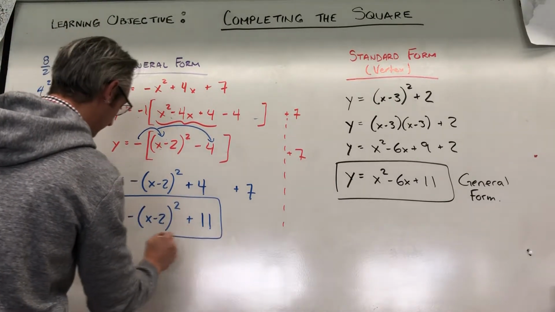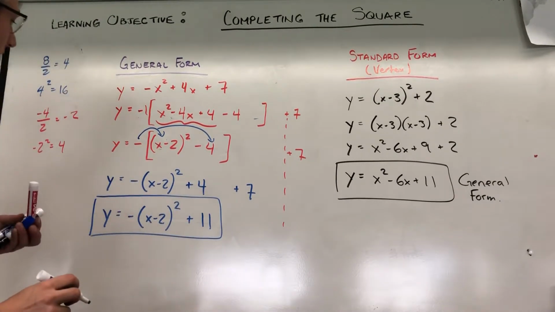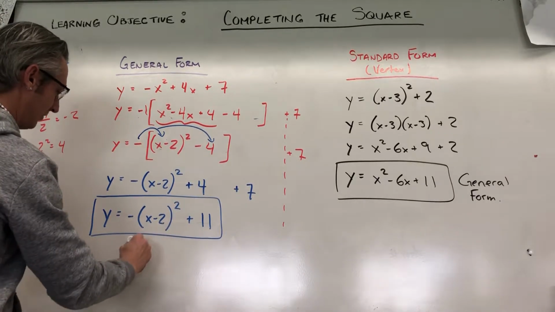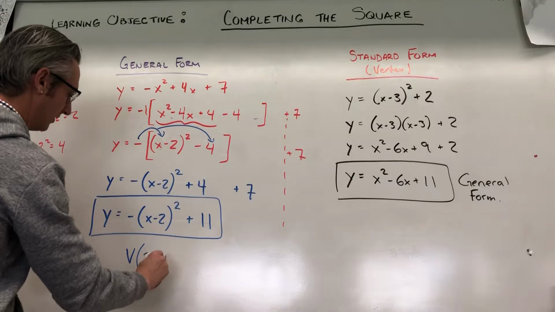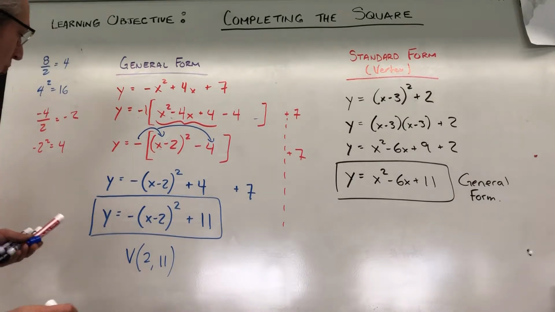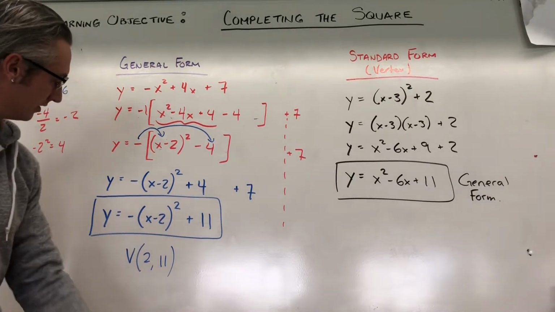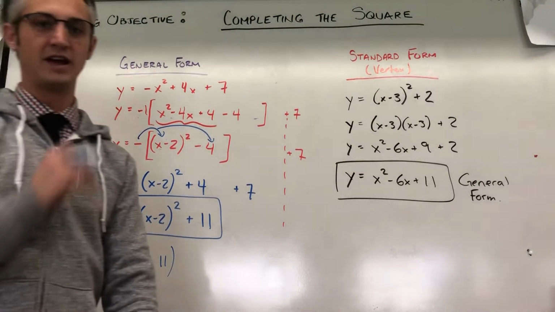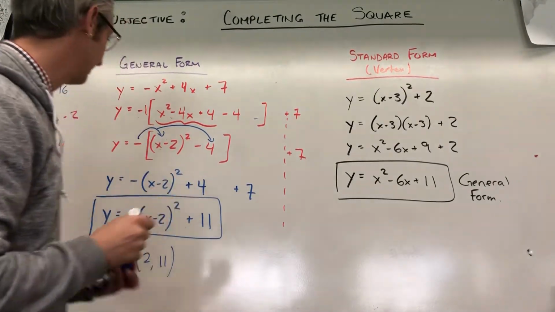And that's my standard form, where my vertex now is going to be at 2, 11. So I'm opening downwards because of the negative here, but my vertex is at 11. So I will be crossing the x-axis and I will have two x-intercepts.